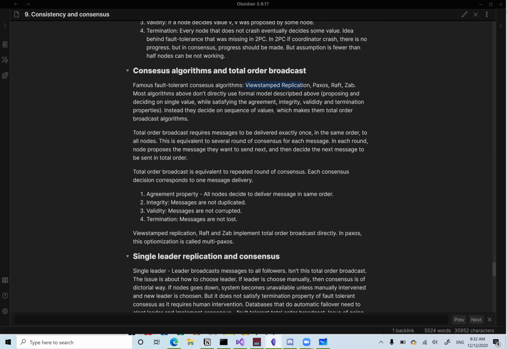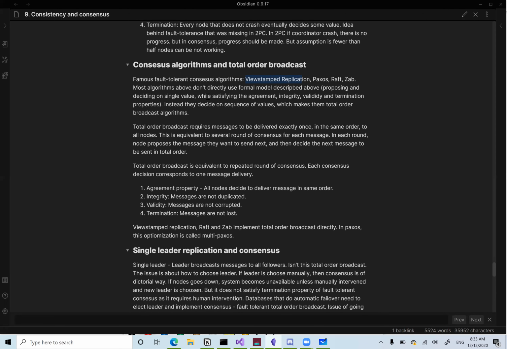Instead, they decide on a sequence of values, which makes them total order broadcast. So overall, Raft and the others are keeping those sets of logs in a consistent state, and that's why they are closer to total order broadcast.